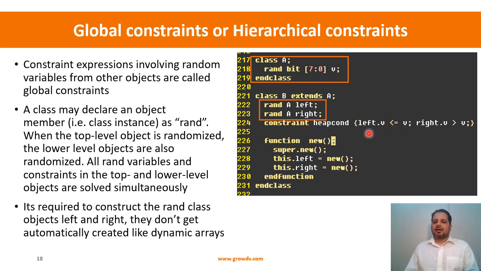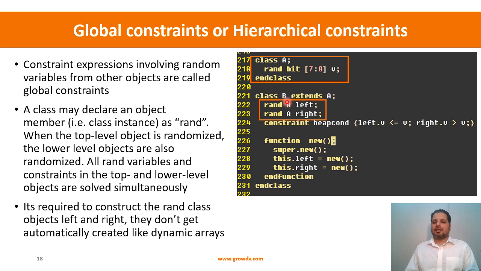And note that when you do this, like in the dynamic arrays, we called out that because we constrained the size, the array got allocated automatically. But just because we have declared a rand handle of a class data type, the object doesn't get created automatically. So in the constructor, you still have to call the constructor for the handles that you have created in order for the objects to get created.